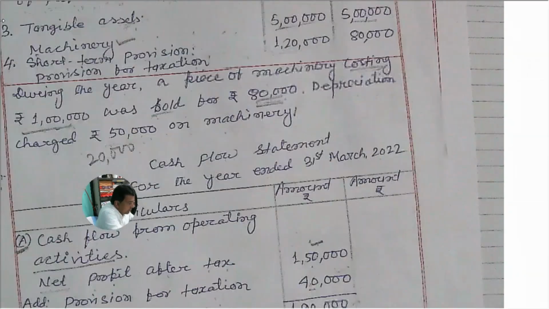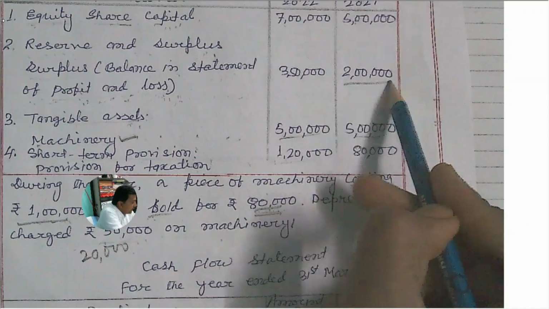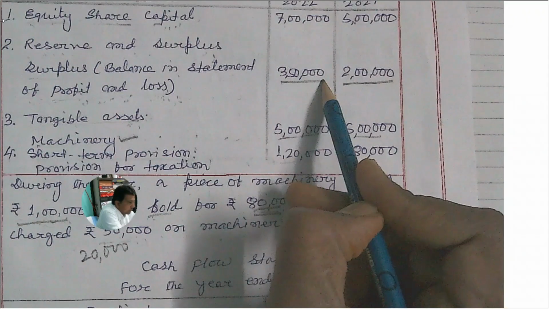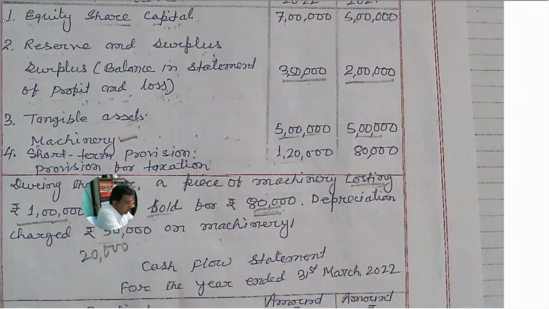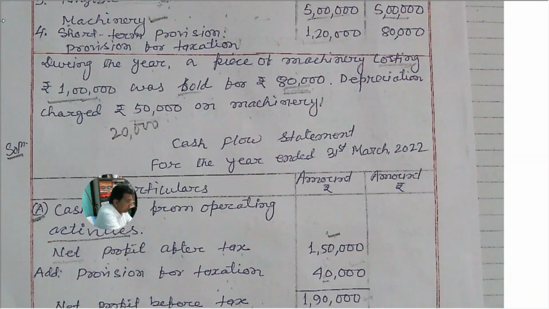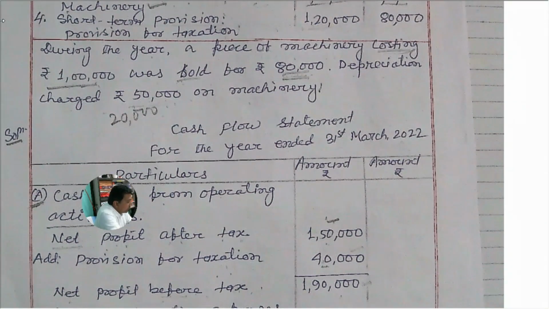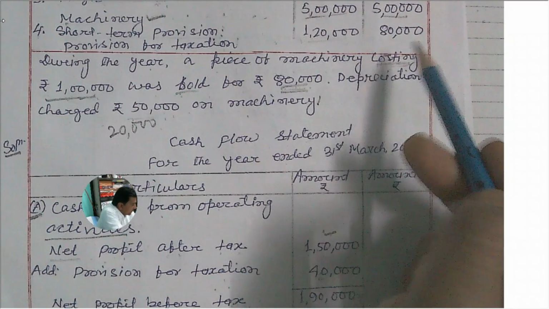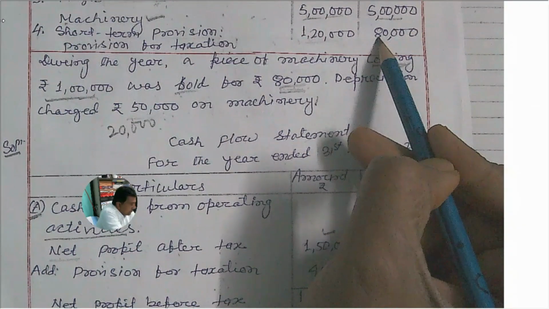Here also you can see the difference, 2 lakh minus 3,50,000, so the difference is 1,50,000. So for the profit balance we always write the difference in the profit balance, 1,50,000. Then provision for taxation. Here I have taken directly 1,20,000 minus 40,000, the difference is 40,000.